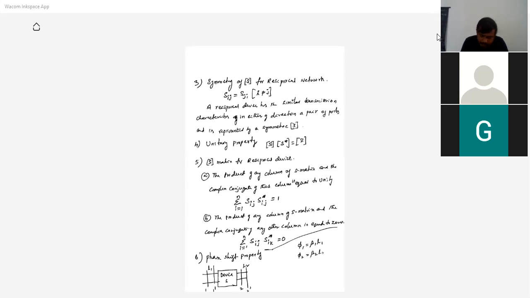You should remember this, and you can write the new matrix for the shifted plane.